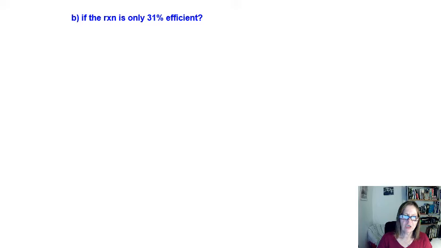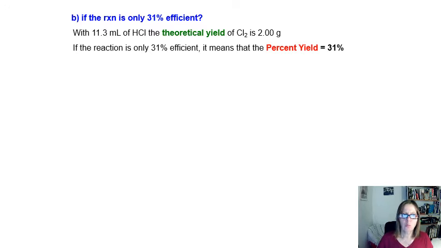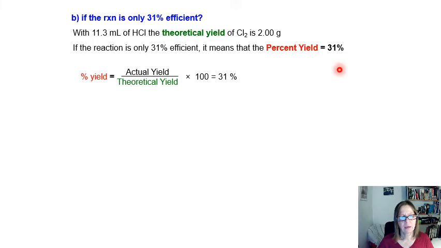Now, in fact, the reaction is only 31% efficient. So when we reacted our 11.3 milliliters of HCl solution, the theoretical yield was 2 grams. If the reaction is only 31% efficient, it means that the percent yield is 31%. So how much chlorine did we get? The percent yield, remember, is the actual yield over the theoretical yield.